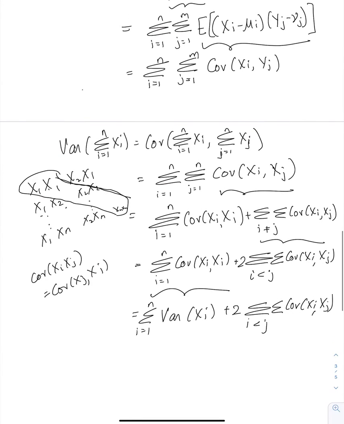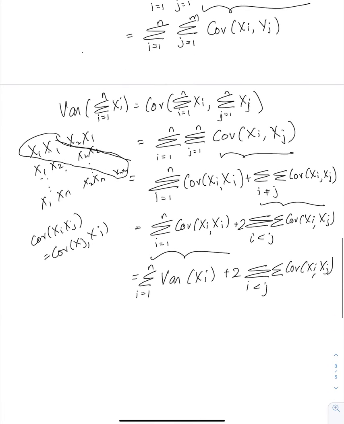Okay, so that's what you have as a formula for the variance of a sum. The variance of a sum is the sum of the variances plus the covariance of terms when they're unequal, or if you just keep a strict order, you'll always have i less than j, then it'll be twice that. Okay, whichever way you want to look at it, it's fine.